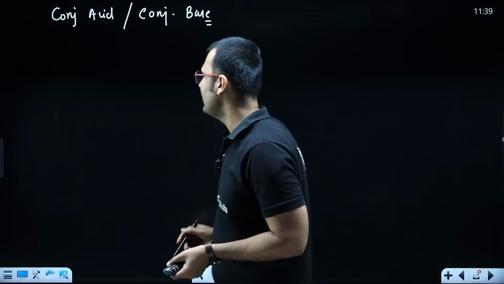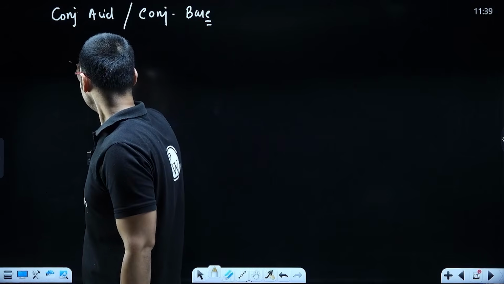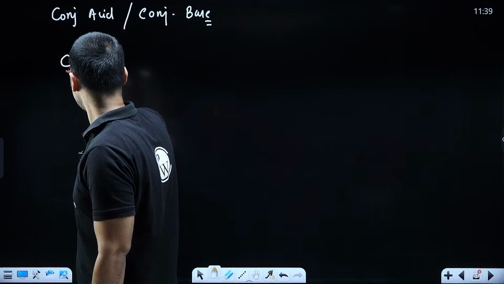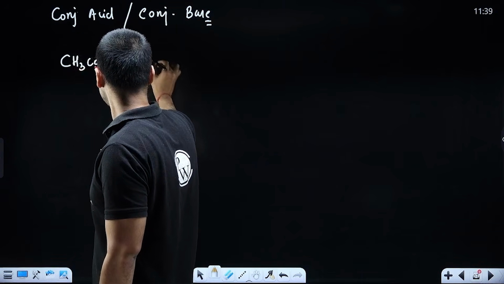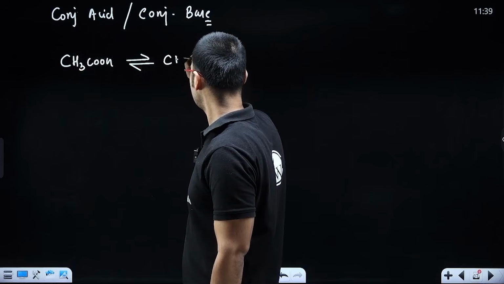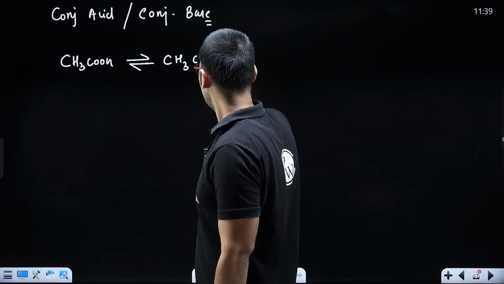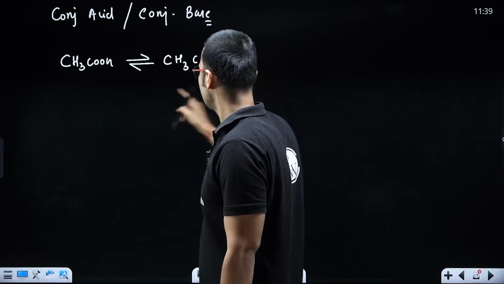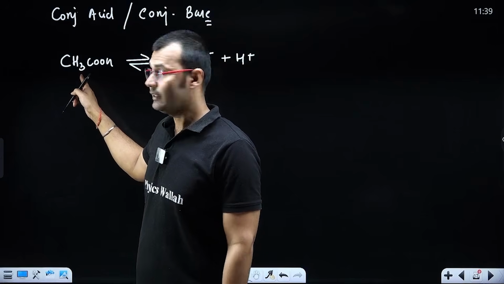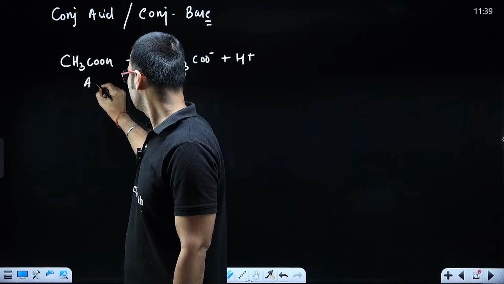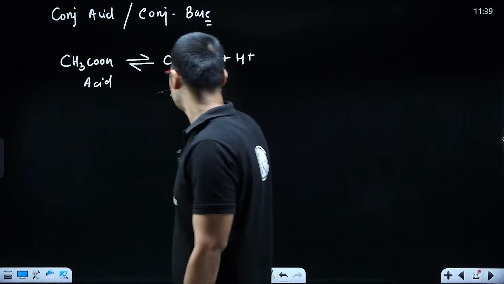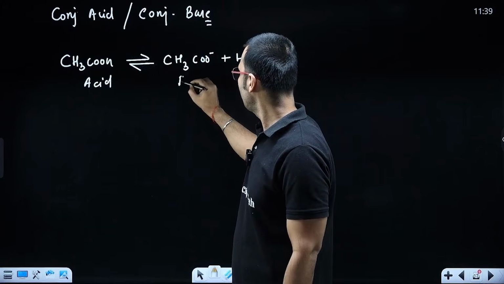Let's say that when CH3COOH dissociates or decomposes into CH3COO minus and H plus. So basically this is your acid, this is your weak acid, right? And for this acid, your acetate ion is nothing but your conjugate base.